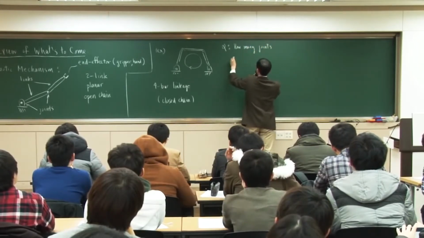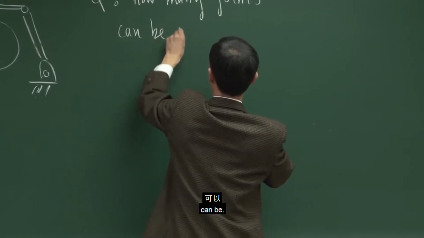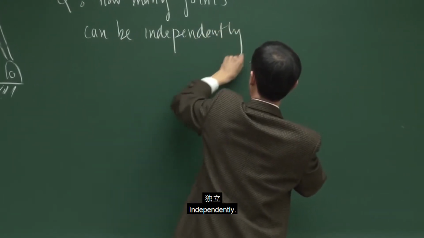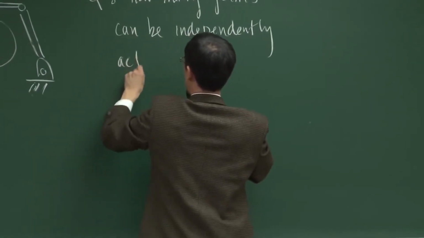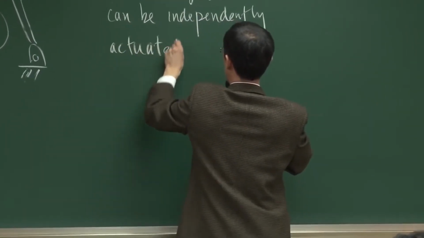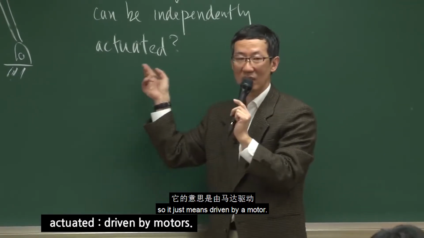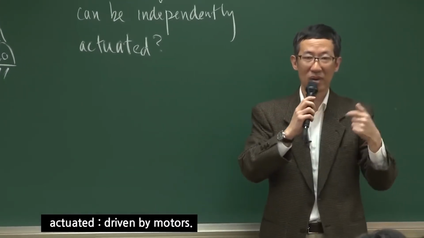How many joints can be independently actuated? Okay, so actuated might be an unfamiliar term to you. So it just means driven by a motor. Okay?